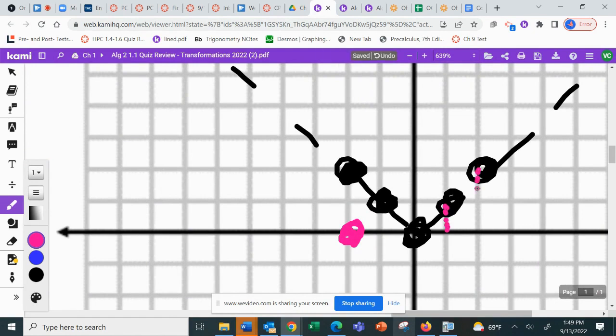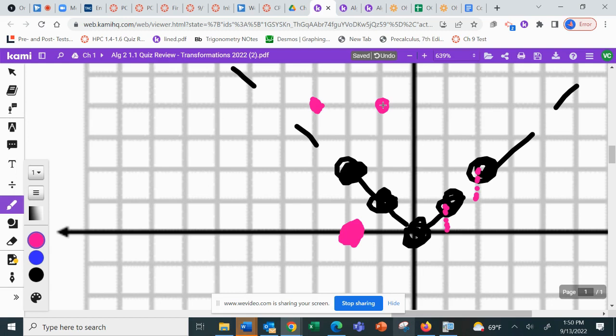Currently, between each point, vertically, how far apart are they? 1. The new one is going to be 4. So the horizontal didn't change. From this middle vertex point, I'm going to go out 1, but I'm going to go up 4 on either side.